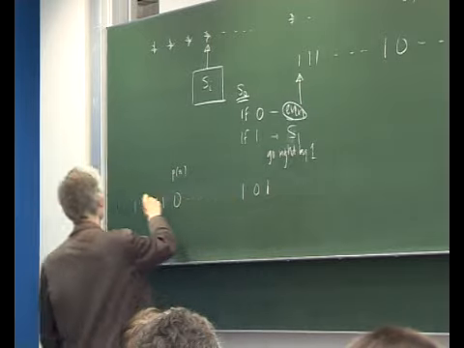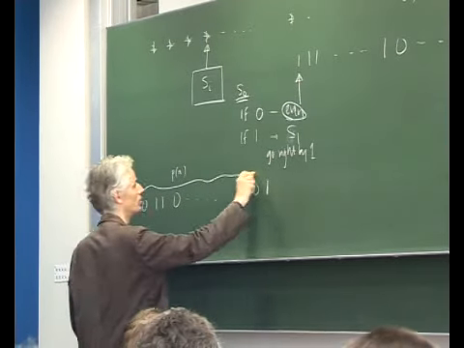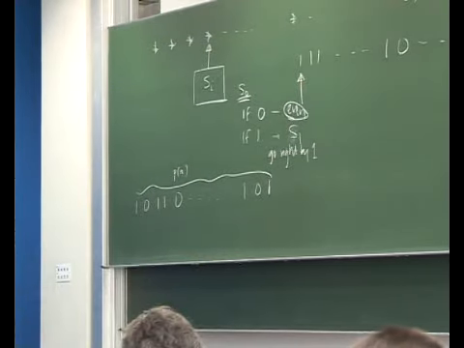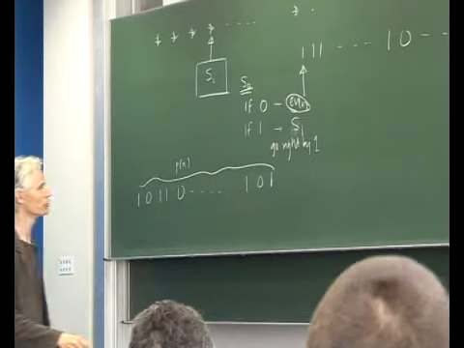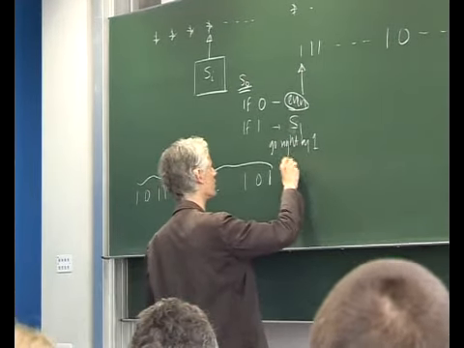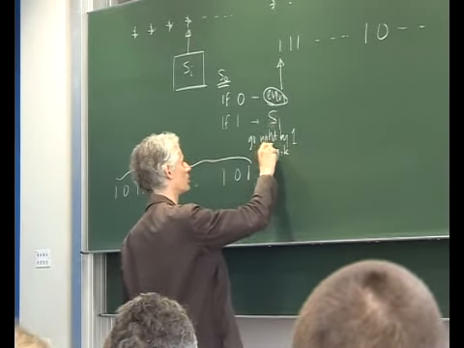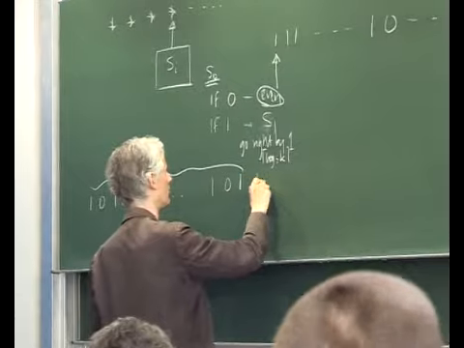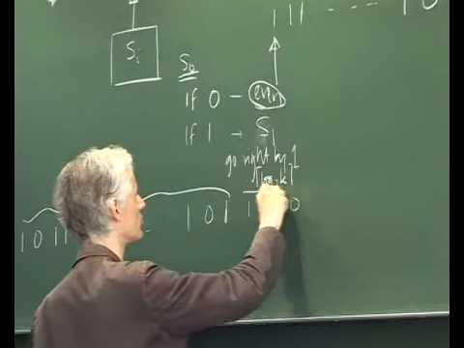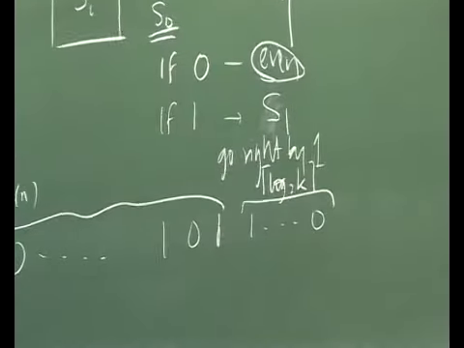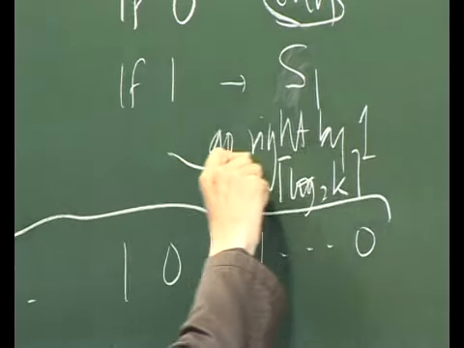So that's p(n) bits for what's going on in the tape, and then let's say log₂k, perhaps I want some upper integer part, bits that give you the binary representation of the state that you happen to be in.